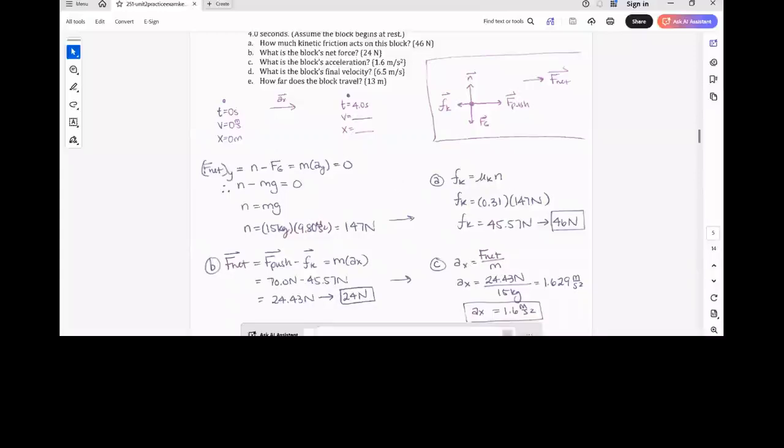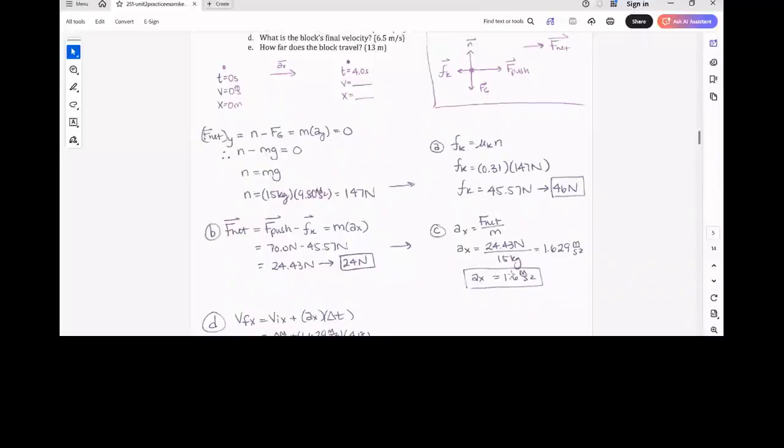But now that I've got that, here's the key. I can use F net to figure out what the acceleration is. And we've already demonstrated that the acceleration is going to be 0 in the y direction and non-zero in the x. F net divided by the mass of the block gives me an acceleration of 1.629 meters per second squared.